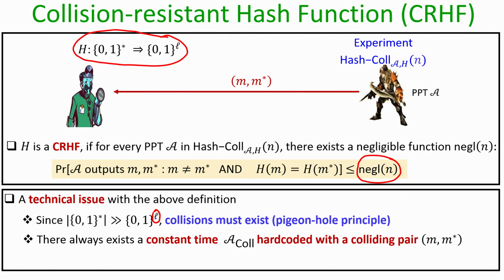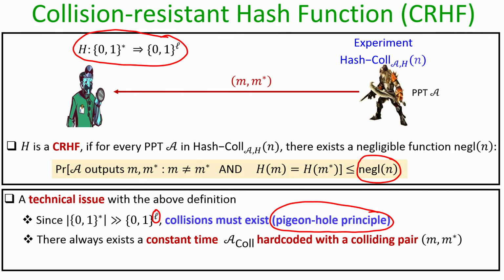That is why h is a many to one function, and as a result there are always collisions in h, which follows from the pigeonhole principle, because if you have a many to one function, then definitely you will have multiple inputs m comma m star which have the same hash output.